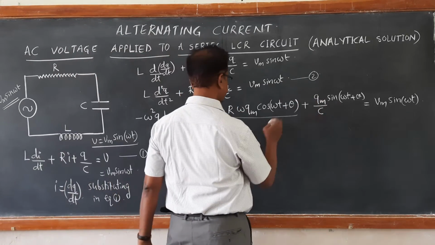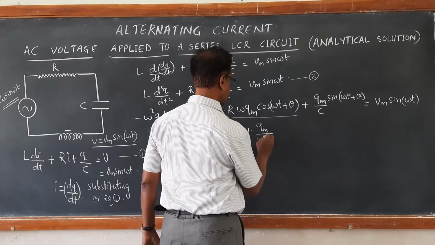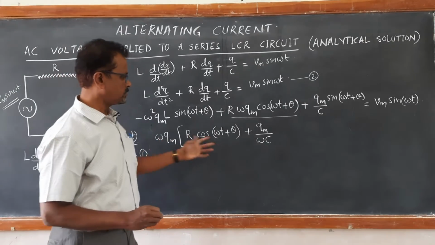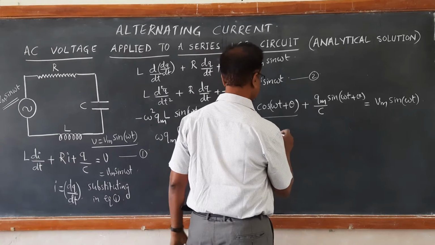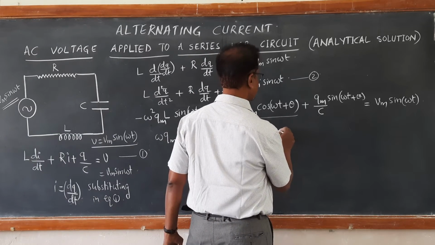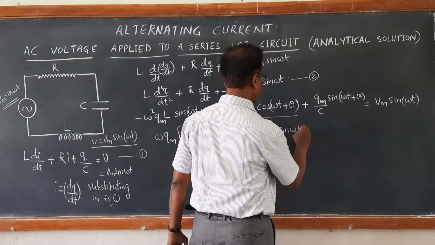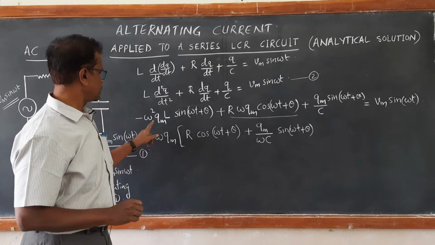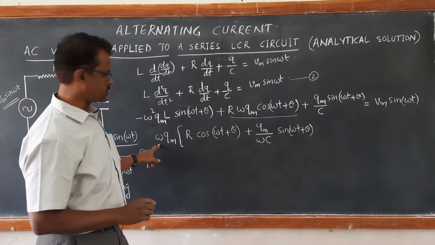So qm by, you are left with omega C, because 1 omega is taken out as common, so qm upon omega C into sin(omega t plus theta).